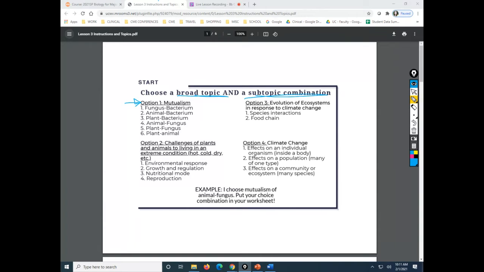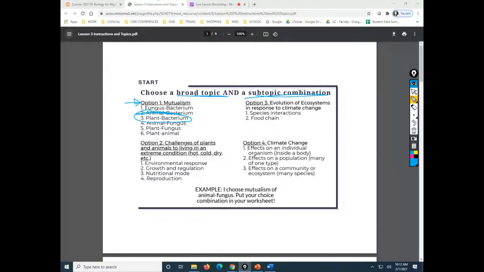And then underneath that, if we're looking at option 1, which is mutualism, there are 6 choices. So I would say I'm choosing mutualism of plant and bacteria. That's not what I'm going to choose, but let's say that's what it was.